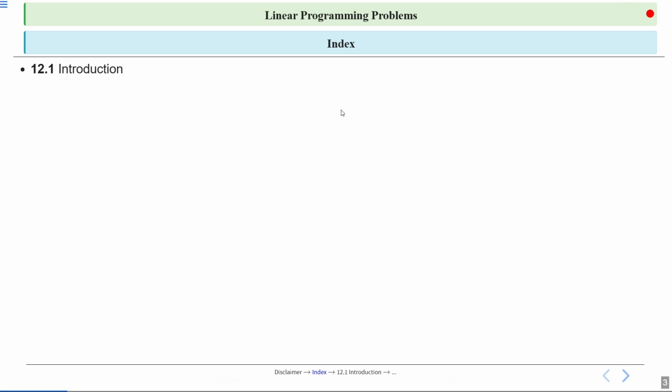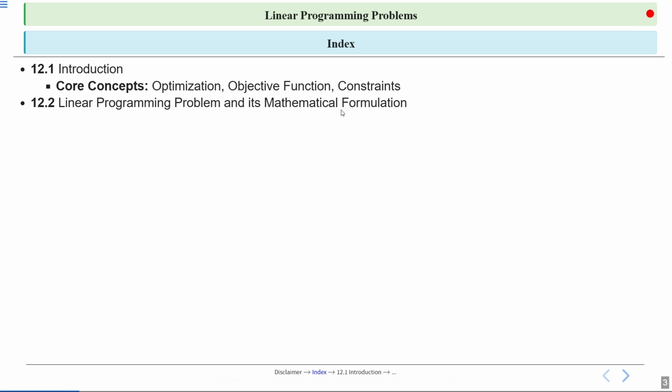In today's lecture, first we will discuss NCERT section 12.1 introduction. After that, we discuss core concepts like optimization, objective function, constraints, and then we discuss 12.2 linear programming problem and its mathematical formation.